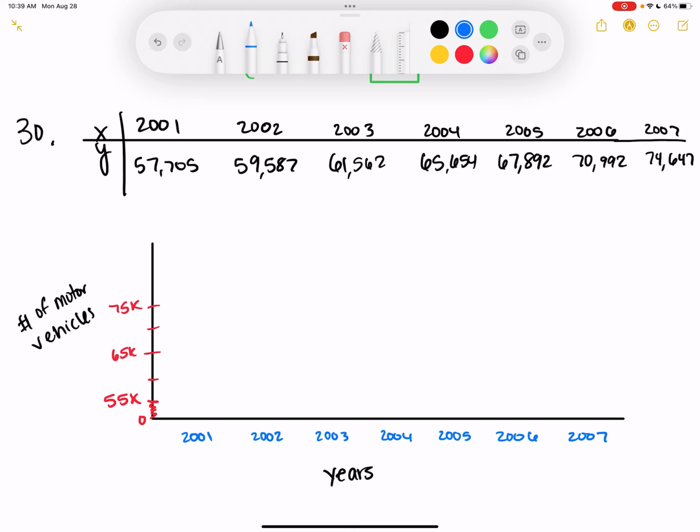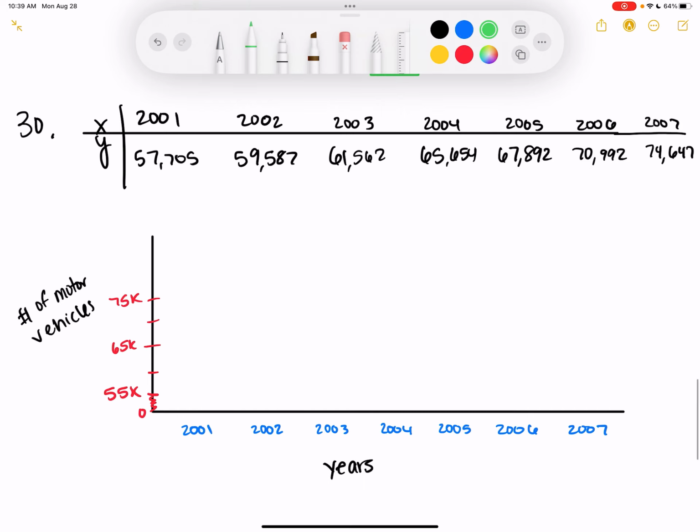And then pretty much all we're doing now is at 2001, we're plotting the point 57,705. I'm not getting out a ruler to measure and make sure it looks right. I'm just eyeballing it that it looks good.